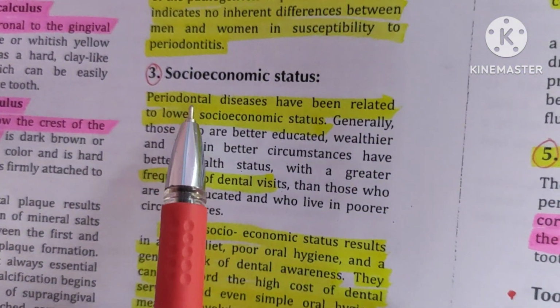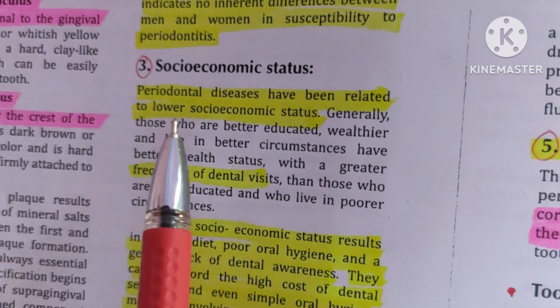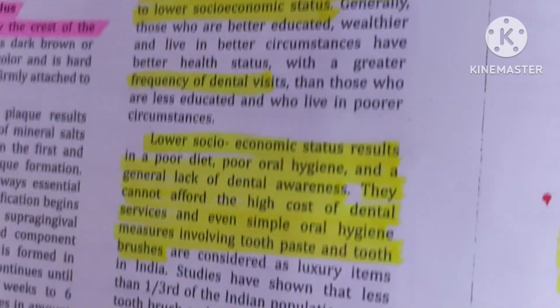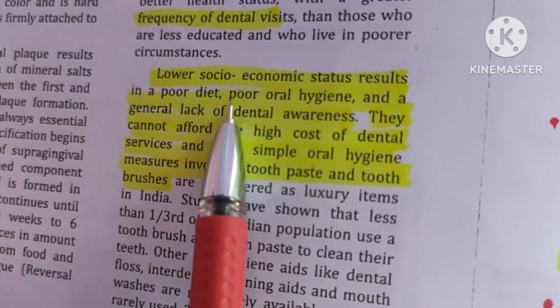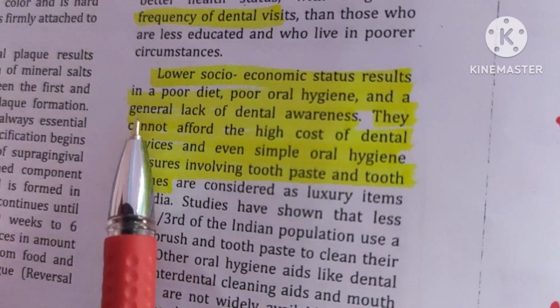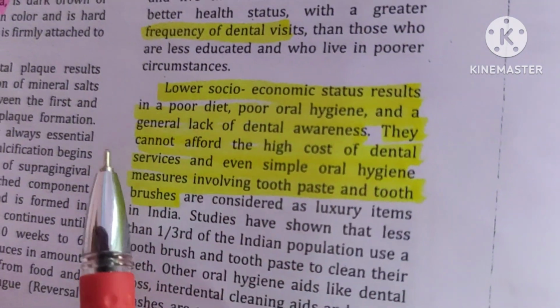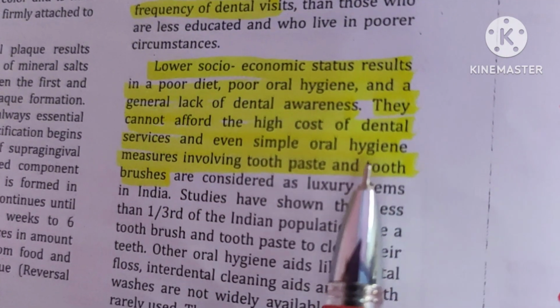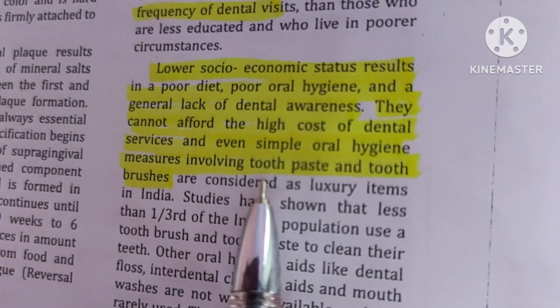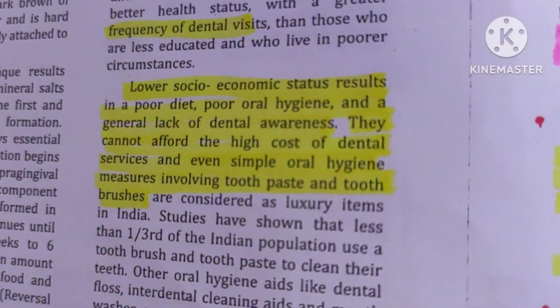Socioeconomic status. Periodontal disease has been related to lower socioeconomic status. That is because lower socioeconomic status results in poor diet, poor oral hygiene, and a general lack of dental awareness. They cannot afford the high cost of dental services, and even the simple oral hygiene measures involving toothpaste and toothbrushes.